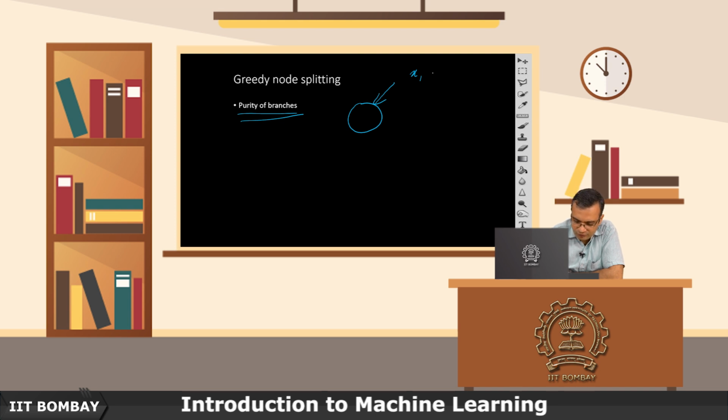So I get x1 t1, I get x2 t2, I get x3 t3, etc., up to xn tn. All these training points I get. What are these t1, t2, tn? These are, let's say, two classes, either class 1 or class 2. Some of them are class 1 and some of them are class 2.